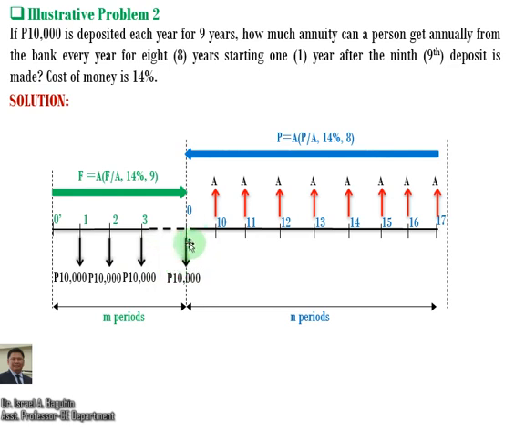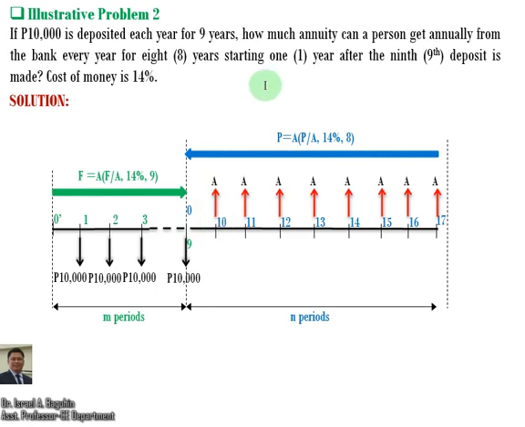How much annuity can a person get annually from the bank every year for 8 years? Take note, this annuity is good for 8 years, but it is starting 1 year after the ninth deposit. So if this is our ninth year here, starting 1 year after the ninth, this would be here during the 10th year.